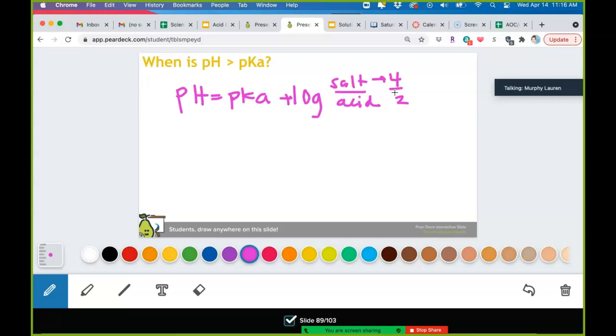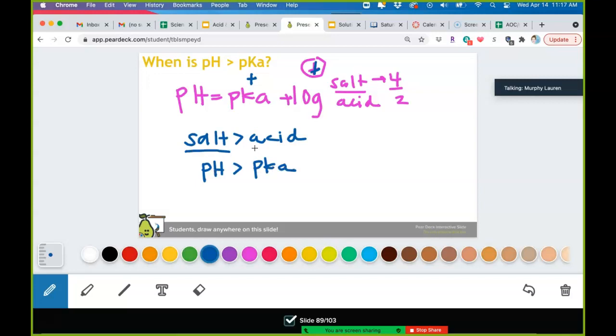But greater than 1, which would be the log of 2, right, gives us a positive value for this term. So right now I have the fact that my salt is more in concentration in my buffer than my acid. So if this is a positive, and this has to be a positive, your pH is actually going to go up. So your pH will be more, because we're adding this term to your pKa, than your pKa. So the pH is greater than pKa when your buffer has more concentration of salt than it does of acid.